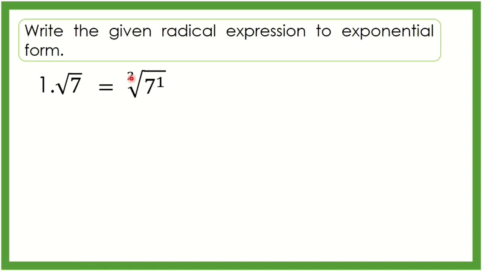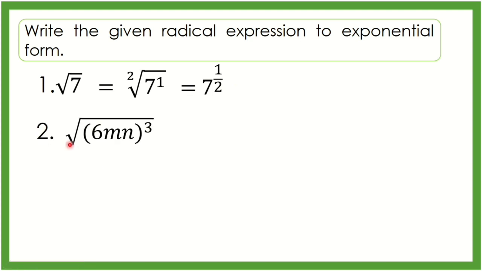So, we have square root of 7 raised to 1. Since wala tayong nakikitang index dito, understood na yun ay 2. And then, ang exponent nito is 1. So, we have 7 raised to 1/2. Ang square root ng 7 is a radical expression. Ang kanyang exponential form is 7 raised to 1/2.